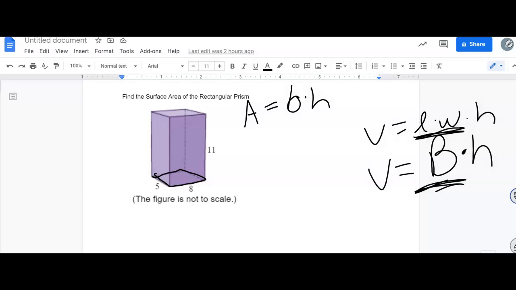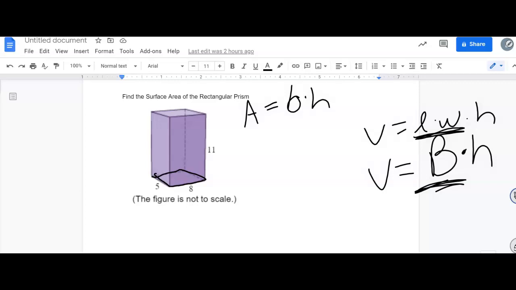It's a cubic unit, right? Cube is 3. It's length times width times height. How many of these can we fit inside of here? Filling it all the way up. That would be your volume. Volume is the amount of space it takes inside of a 3D object. So when we get our answer, you can think of, it's one of these. How many of these did we fit inside? Okay?